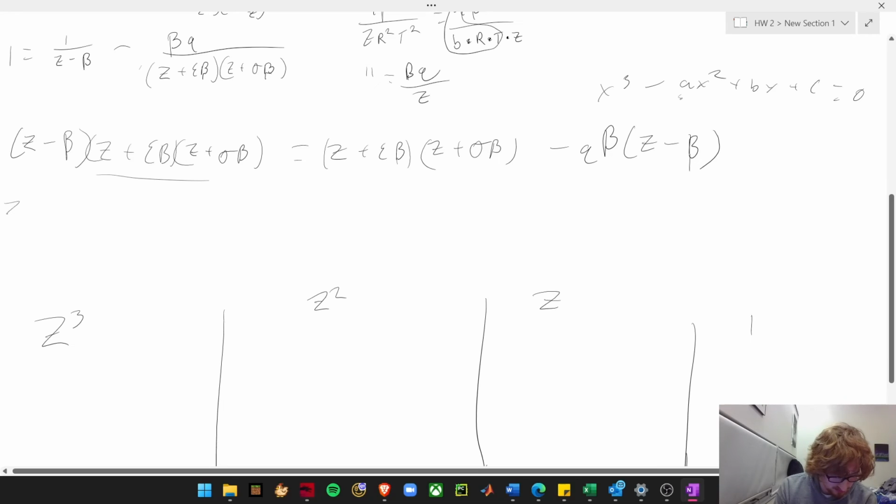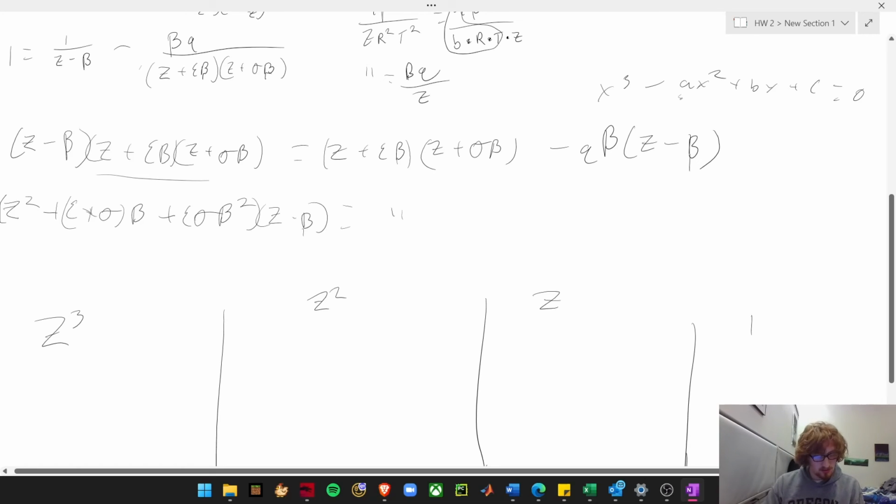So we'll have a z squared, plus epsilon plus sigma times beta, and then we'll have our epsilon sigma beta squared, and then all that will be multiplied by z minus beta, and we're going to keep the right side how it is.